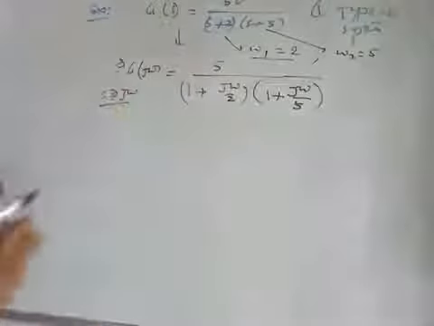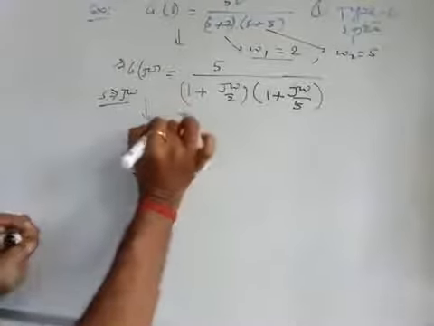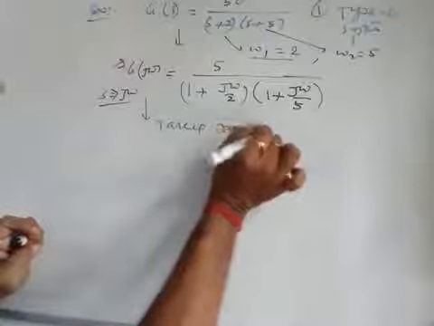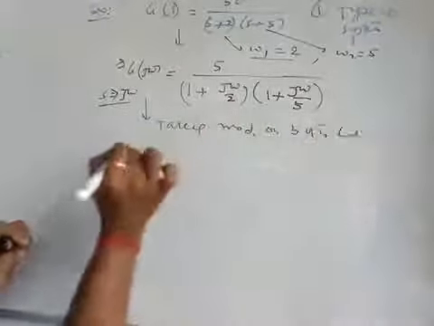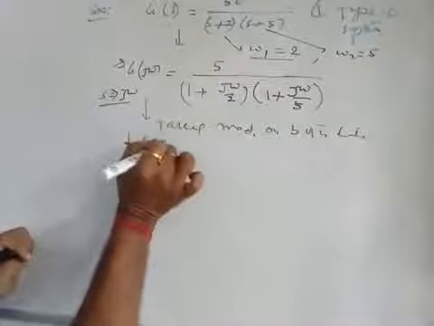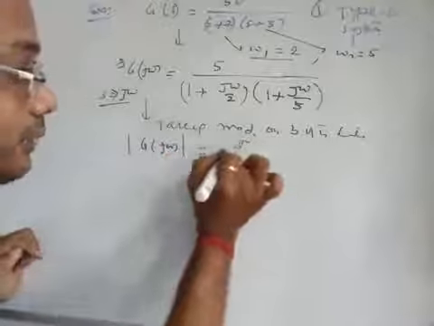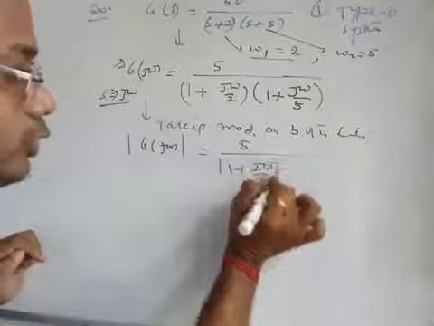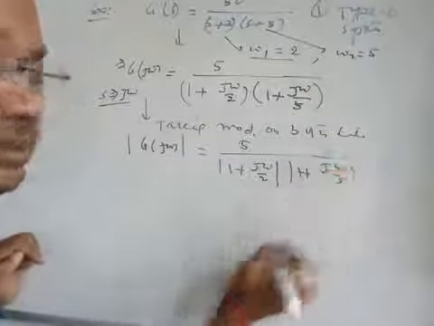Now first of all, after getting this, we have to take the mod on both sides. If we take mod on both sides, we get mod of G(j omega) equal to 5 by mod of (1 plus j omega by 2) times mod of (1 plus j omega by 5), right?